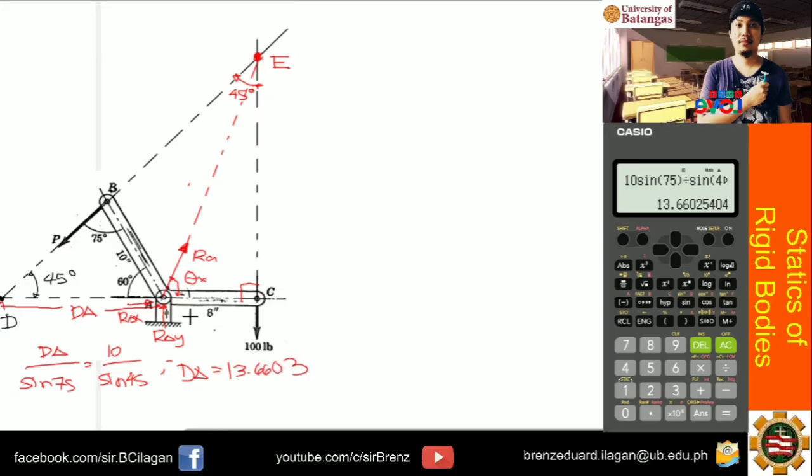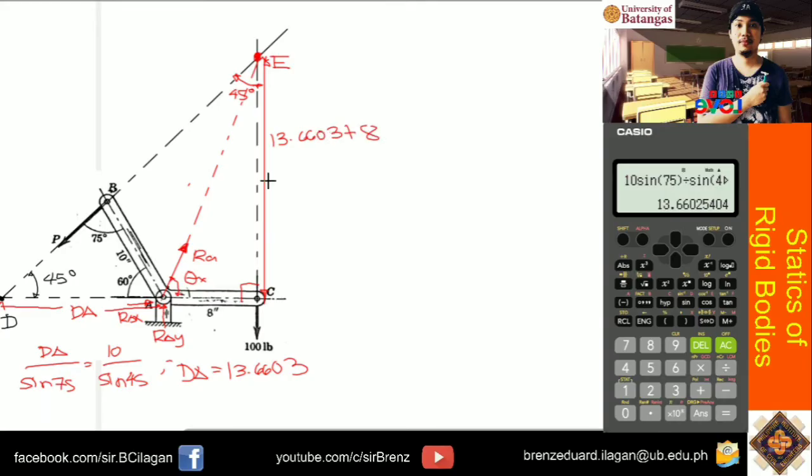13.660. Okay, so since meron na tayong side na to, dA, then itong 8, so therefore itong length ng side na to is equal saan? So the length of that is equals lang sa 13.6603 plus 8. Tama?